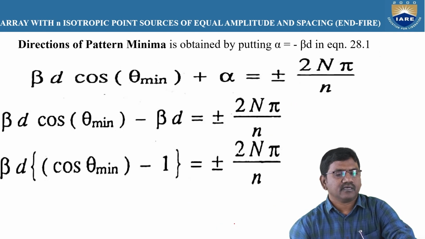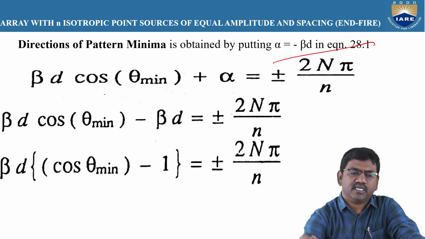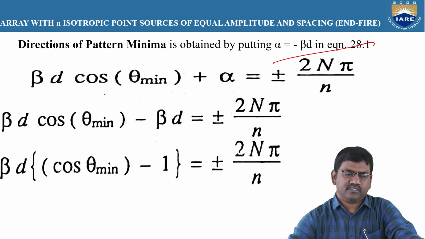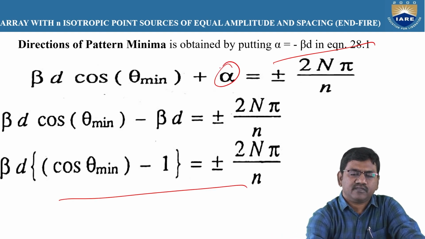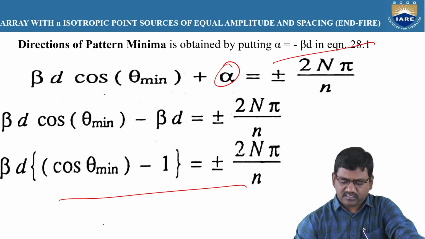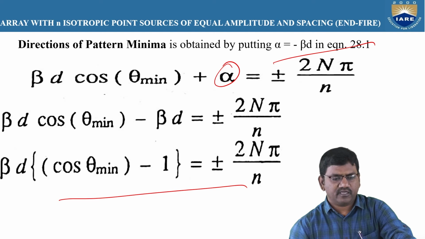And similarly, the relations for pattern minima are obtained by putting alpha is equal to minus beta d. Again, substitute alpha is equal to minus beta d, and if you further simplify, you will get cos theta min, that is the minor lobe minima, which we want to find out.